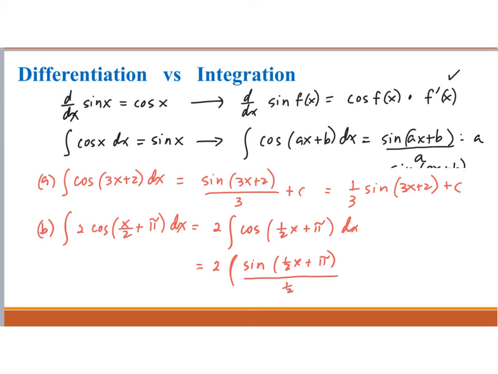Remember that pi is just a constant, so the derivative is 0. So it sort of goes away. And we have our plus c here. So we can just simplify this as 2 divided by 1/2 is just 4. So 4 sine, let's write that back as x over 2 plus pi, plus c.